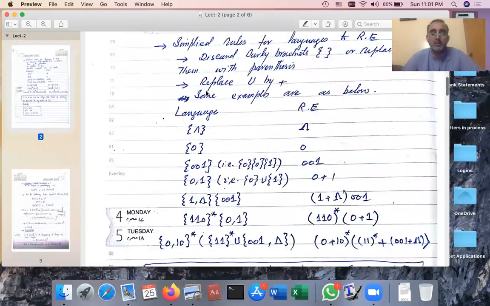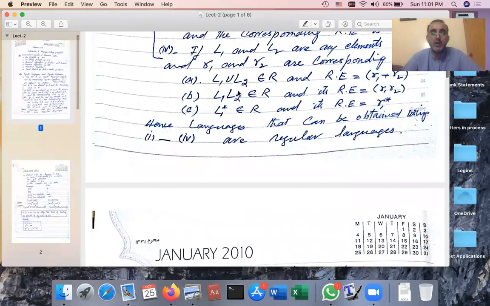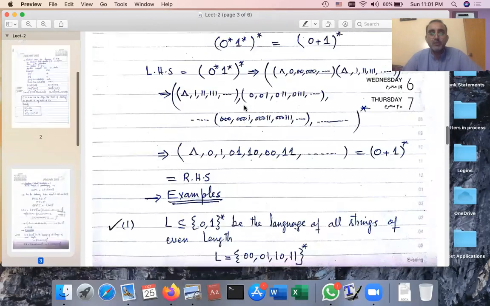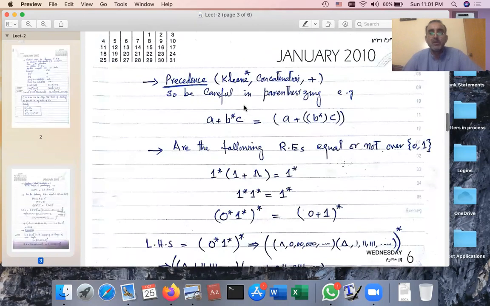Or this one may be here. You have seen L1, L2 belongs to R, and this is also a concatenation. So there we have seen the concept of concatenation, and then we have seen the concept of union plus. And we have seen these three different operators, you can say. And then there would be some precedence mechanism.